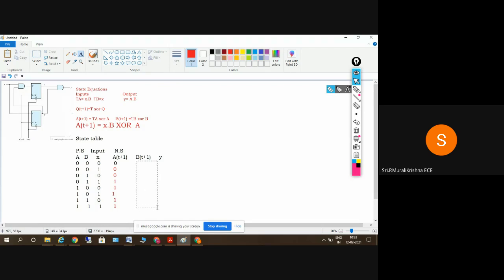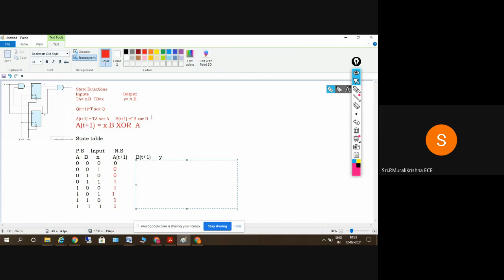So coming to b of t plus 1. What is the value of b of t plus 1 here? So b x is 1 into 1. So what is 1 into 1? Sorry, I thought it was x.